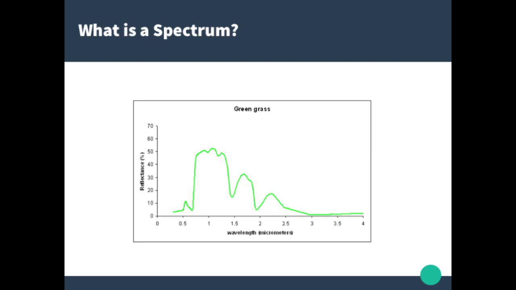The wavelengths vary from about 0.4 micrometers, which is blue light, the shortest wavelength of light that your eyes can detect, up through about 0.7 micrometers, which is red light, the longest wavelength your eyes can detect. And then all this stuff out here is various parts of the infrared, parts that your eyes can't see, but can be detected using various kinds of devices.